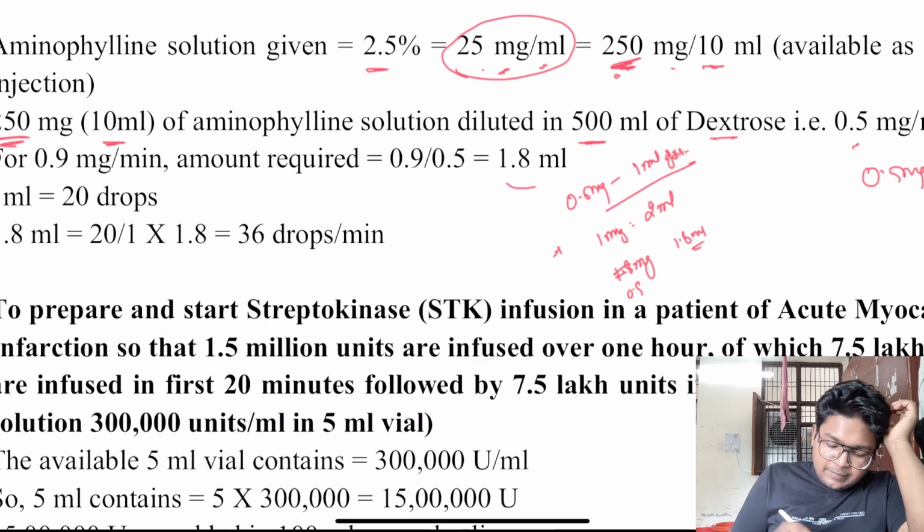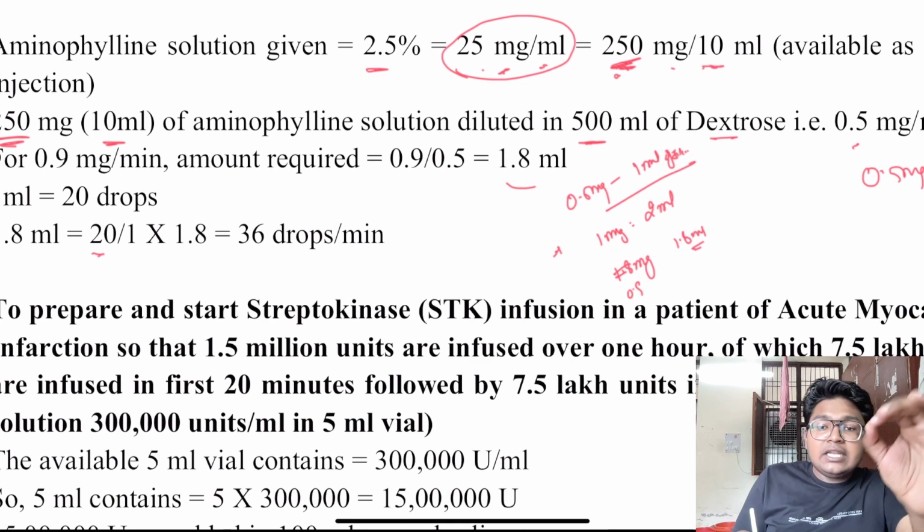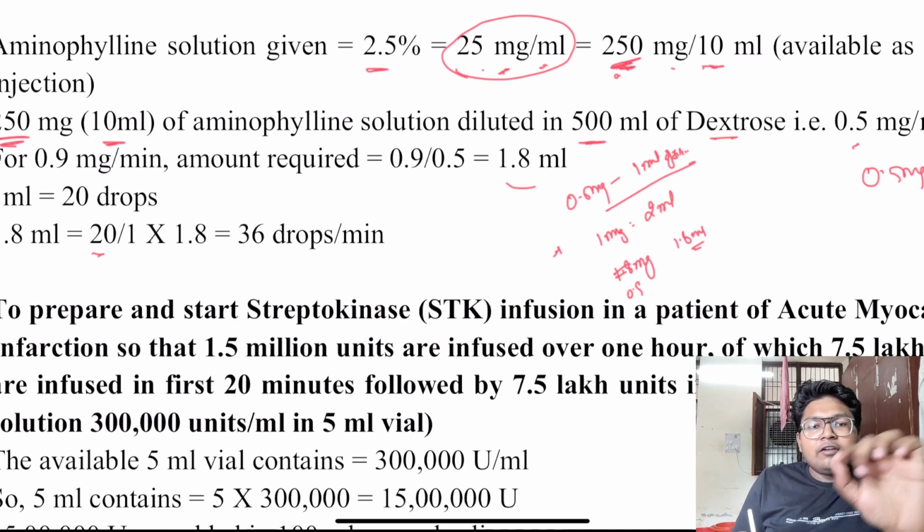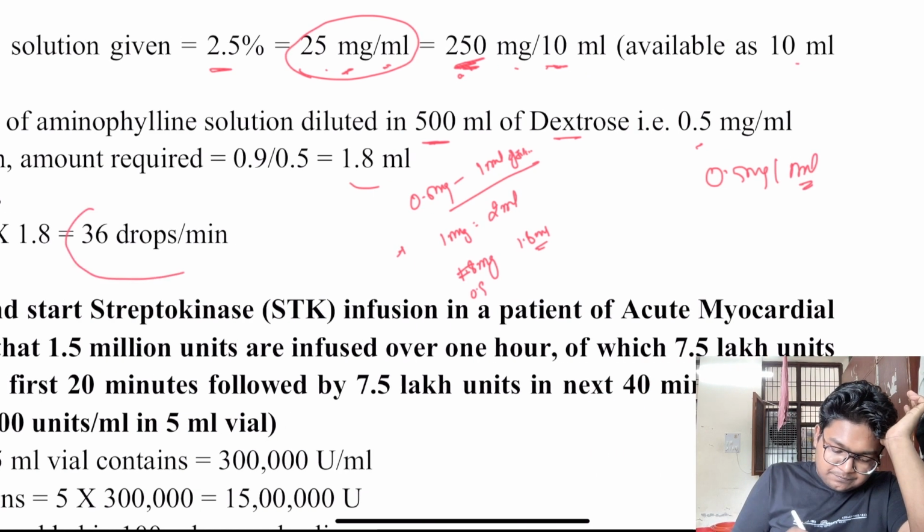So the person requires 1.8 milliliter of solution per minute. 1 milliliter is 20 drops, so 1.8 will be 36 drops per minute.